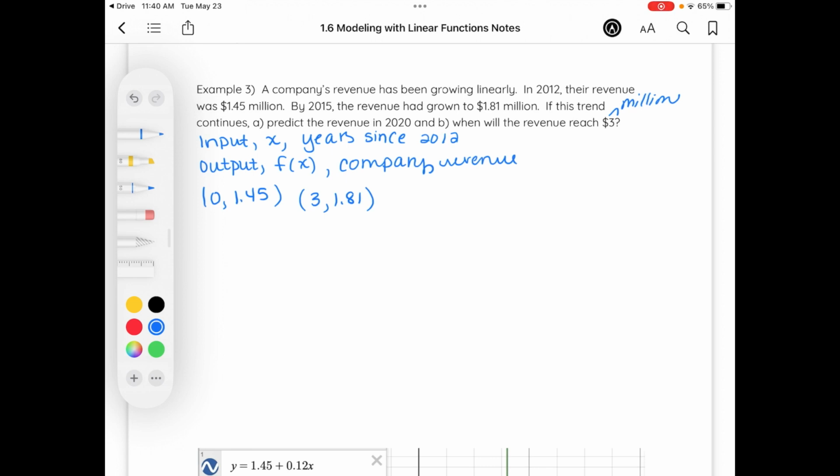Now we can create, it says it's growing linearly, which means we can use y equals mx plus b. In order to use y equals mx plus b, we first need to identify the slope. But now that we have 2 points, we can easily identify that slope by finding the difference in our y values over the difference in our x values.